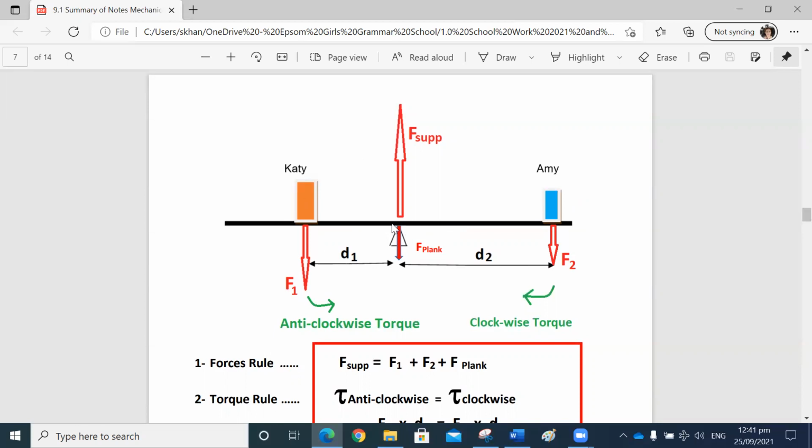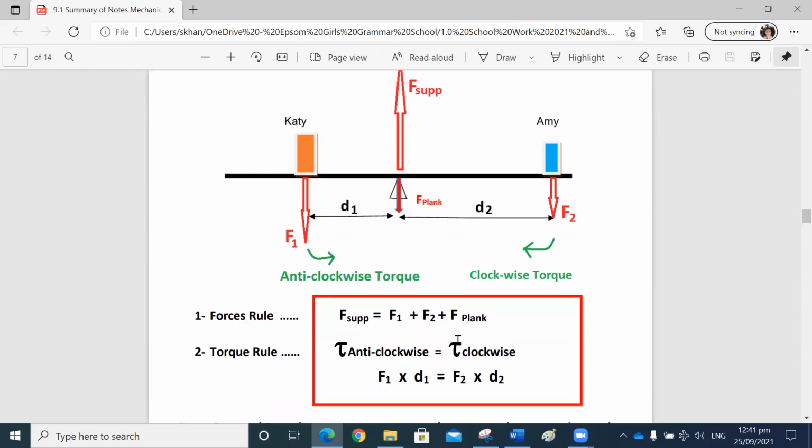And if this seesaw is not collapsing down, that means the support force is large enough to balance these three forces. So the first condition of rotational equilibrium is that upward forces must be balanced by, or equal to, downward forces. F support is F1 plus F2 plus F plank from the diagram here.